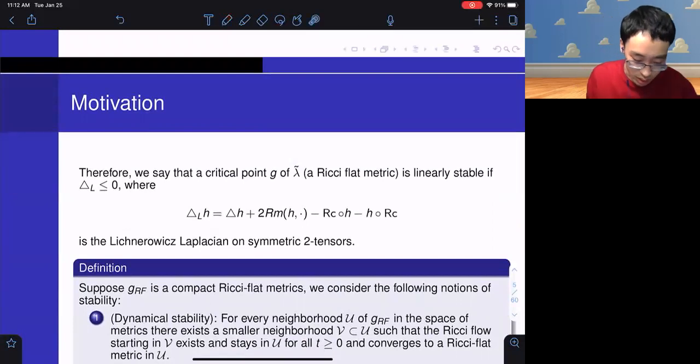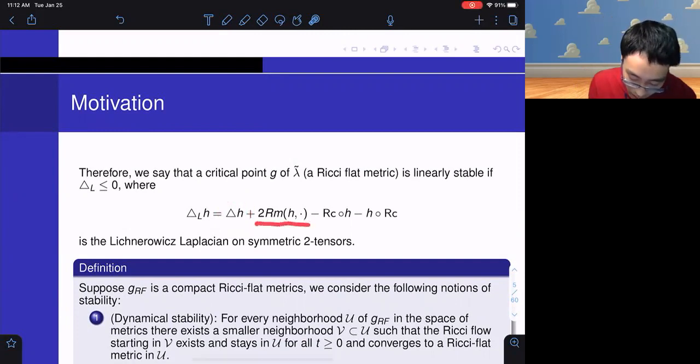So we will introduce the Lichnerowicz Laplacian, which is defined as Laplacian h plus 2 times the curvature tensor term minus Ricci composed h minus h composed Ricci. And because at the critical point of lambda tilde they are Ricci flat metrics, we don't have these two terms.